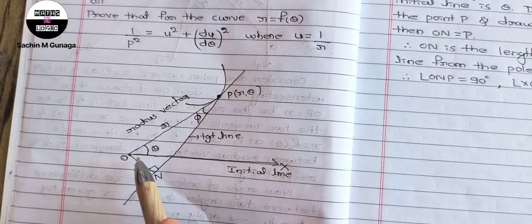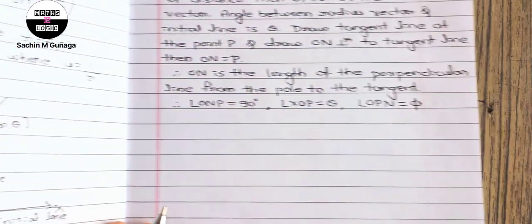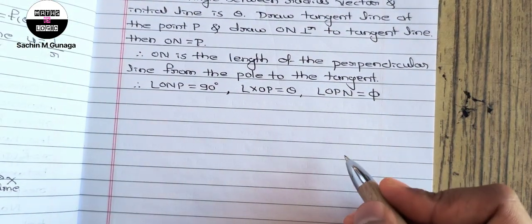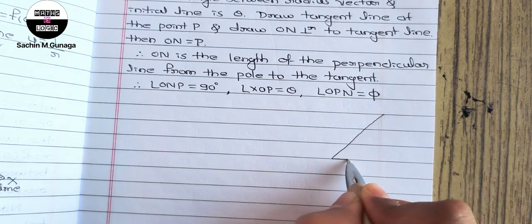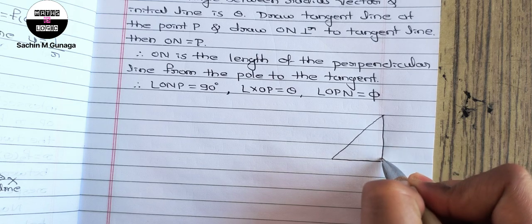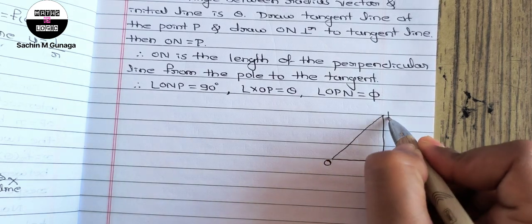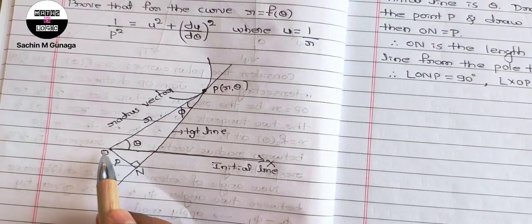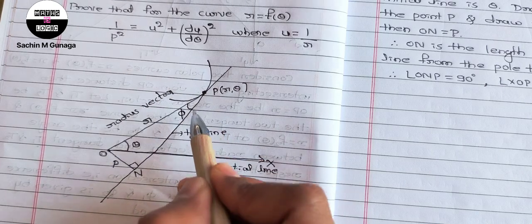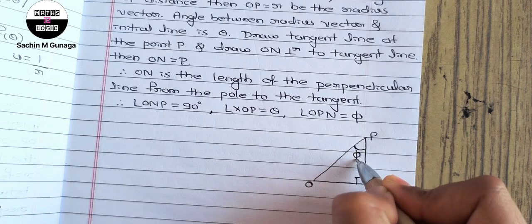For that, first we need to consider this right angled triangle. So here I am going to draw the same right angled triangle. Here 90 degrees is there. This is O, this is P, and this is N, and the angle at P is psi.